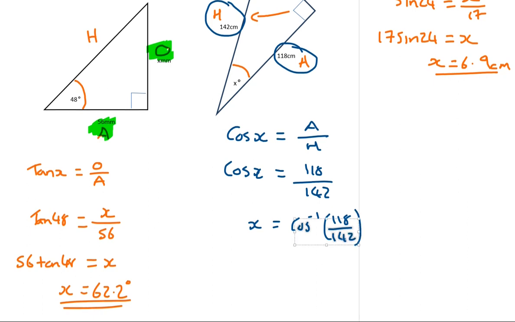So don't stress out about the inverse of cos or anything. The thing people might do is want to divide by cos, which you can't really do. So we want to say shift cos, 118 divided by 142, and that's going to give me 33.8 degrees.